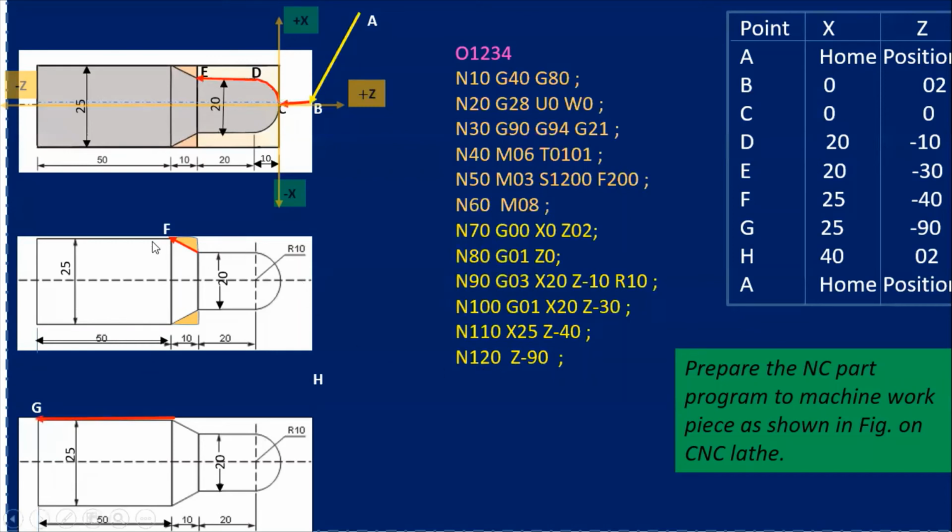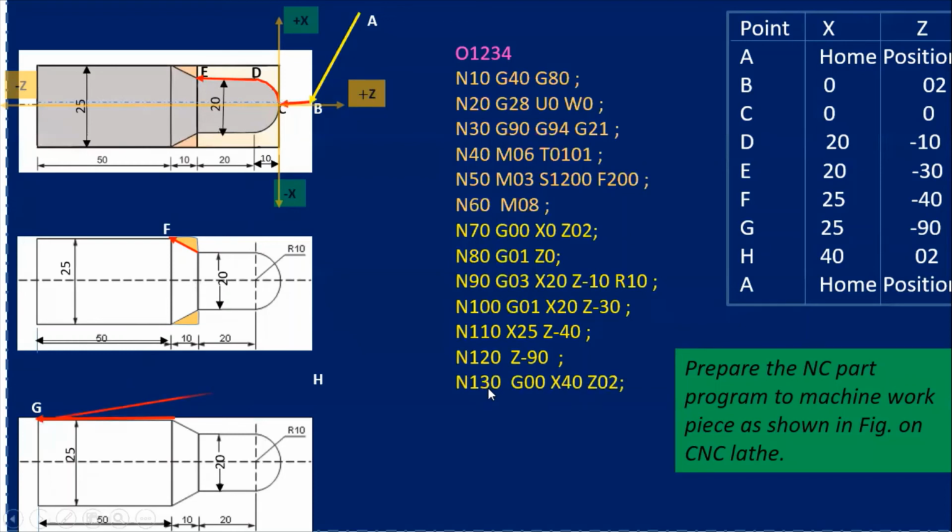So here you can see the tool will move from F to G. So how much is the total length here? In that case, 50 plus 40 will be 90. You can see how much the G coordinates are. Your G coordinates will be X25 right now, and Z will be minus 90. In the previous block there is already a 25, so I'm not repeating the same value there.